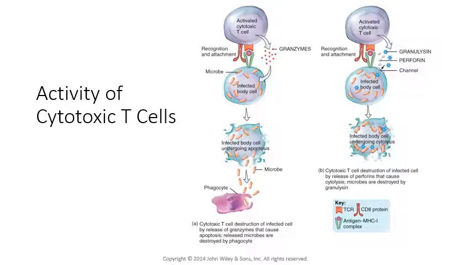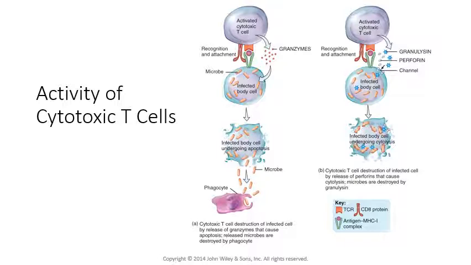All right, so how do cytotoxic T cells work? There are a couple of different mechanisms of action here. We mentioned the granzymes and the perforins. Granzymes are proteins that can be released by a cytotoxic T cell.